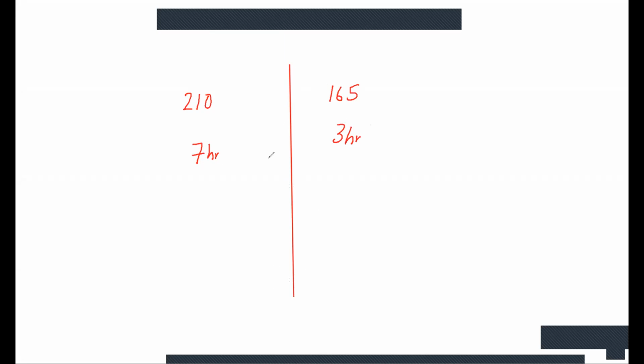If these are different hours, but I know the distance for 1 hour for both, I can judge which one is faster and which one is slower. So 210 miles, 7 hours, 1 hour, how much? If I calculate both for 1 hour, I can compare.